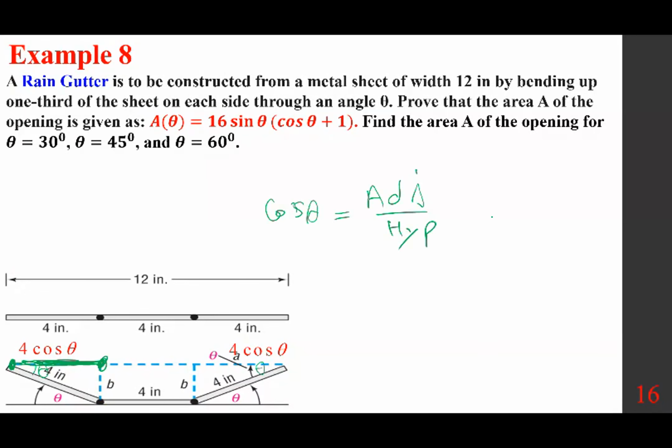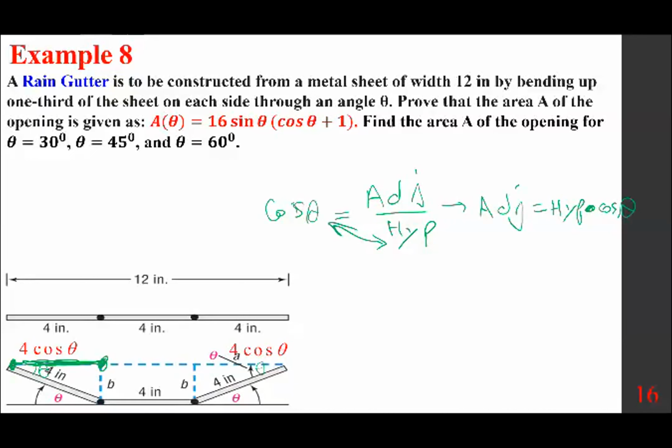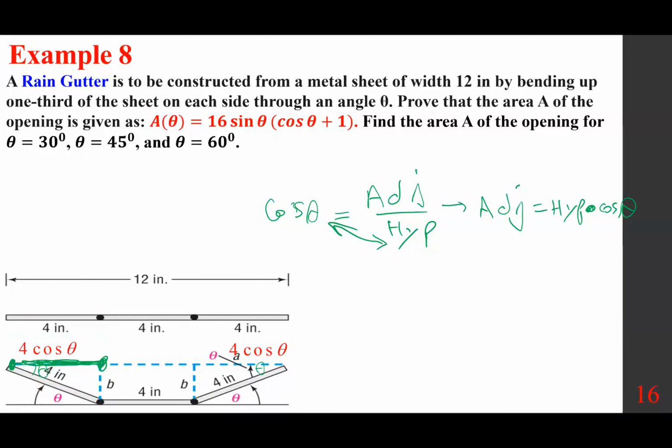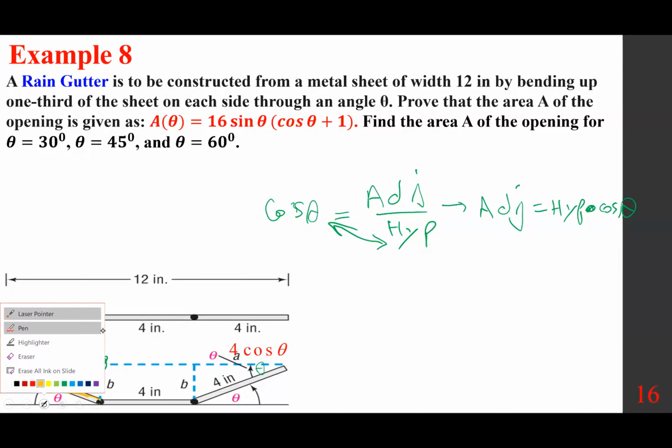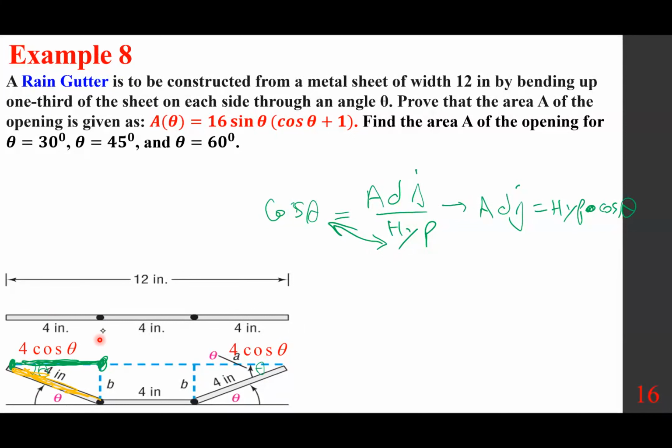Since we want the adjacent, it is the product of hypotenuse times cosine theta, and hypotenuse is 4. So I hope everybody can see how we get to 4 cosine theta.